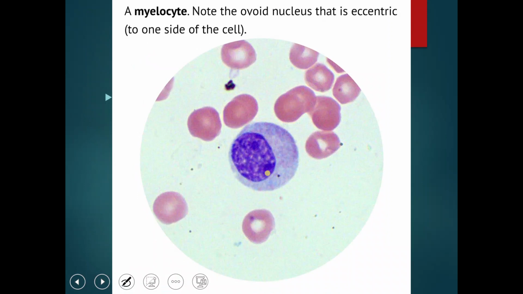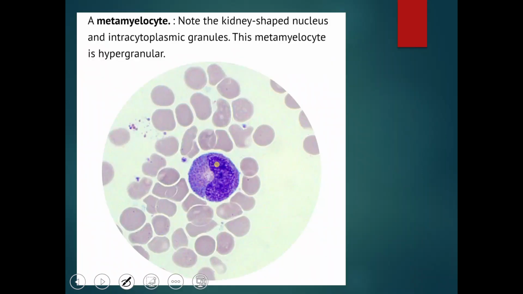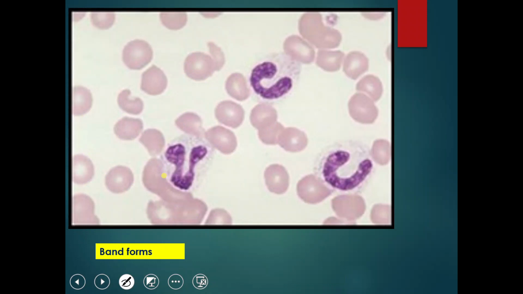It is also a large cell, but it has an oval eccentric nucleus. Next one is metamyelocyte. Its nucleus has a small indentation which gives the appearance of a kidney-shaped nucleus, and its cytoplasm is also hypergranular. Then comes the band form. The nuclear indentation becomes deeper in band forms, and the nucleus attains the shape of a band, hence the name.